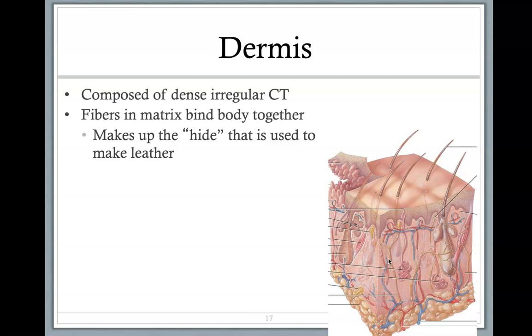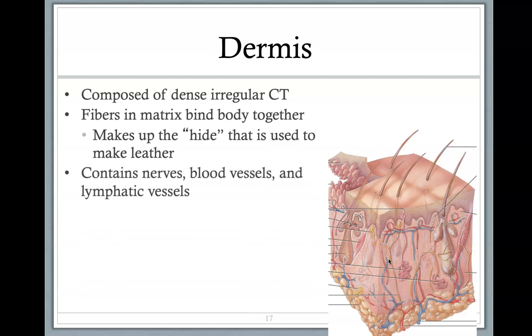So when you are wearing a leather jacket or a leather belt, you're actually wearing the dermis of an animal. Whether or not that creeps you out, yes, you are actually wearing the dried out dermis of an animal.